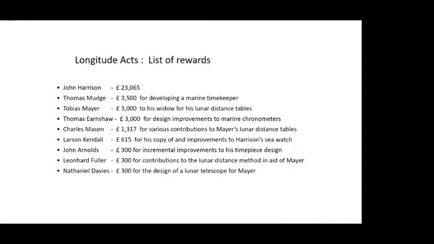Kendall, for copying and improvements made to the stopwatch, Sea-Watch, got 615 pounds. Arnold, 300 for incremental improvements to the timepiece design. Fuller, 300 pounds for the contribution to the lunar distance method. And Nathaniel Davies for design of a lunar telescope for Meyer.